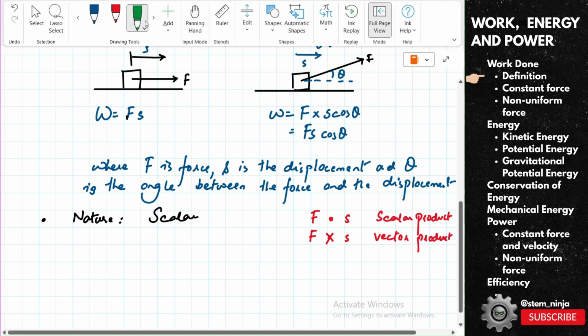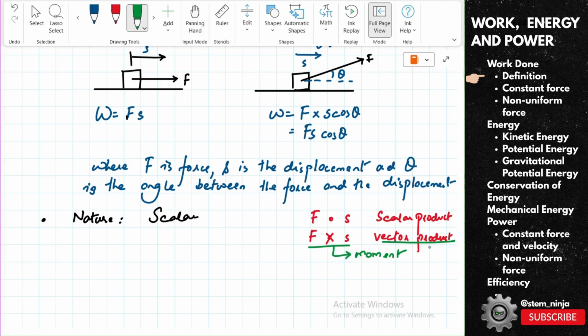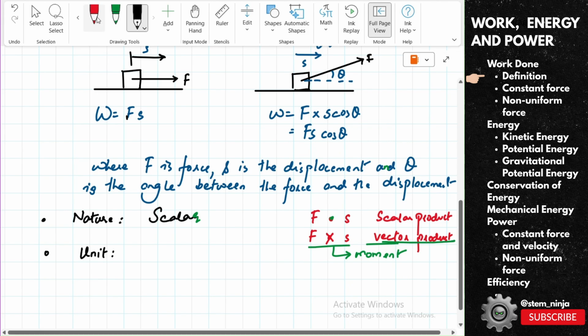An example of the vector product is moment, the product of force and the distance between the pivot and the line of action of force. But when you multiply force and displacement and it comes out as a scalar, one example is work. Similarly, the unit for that is joule.